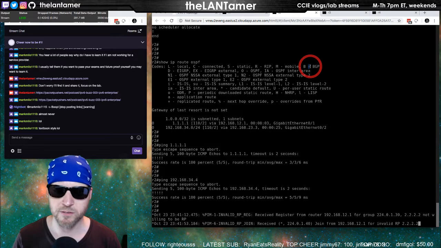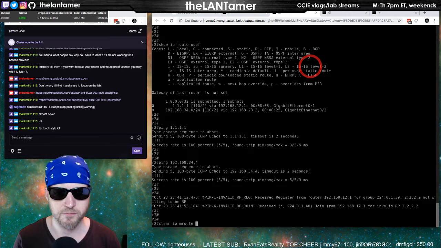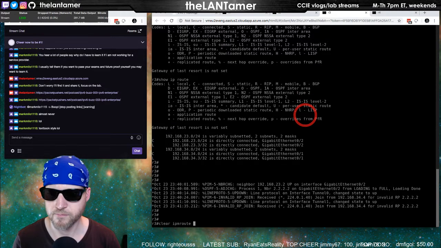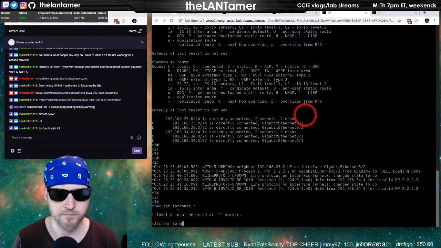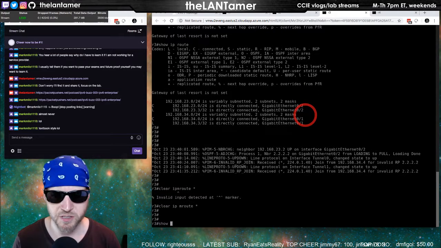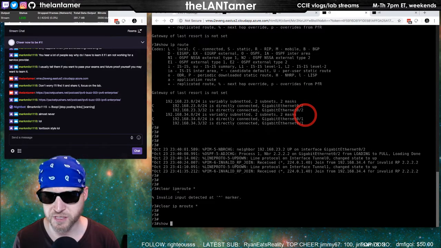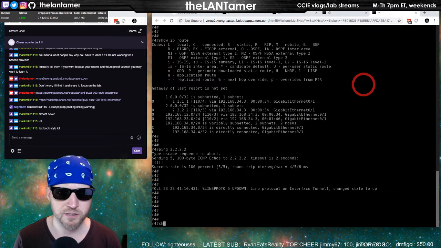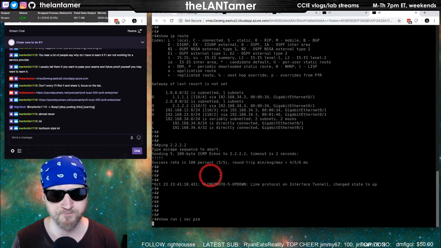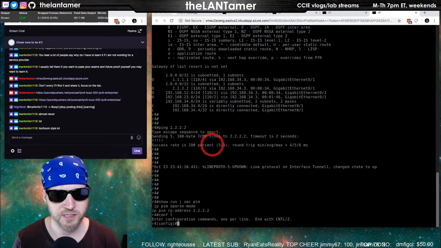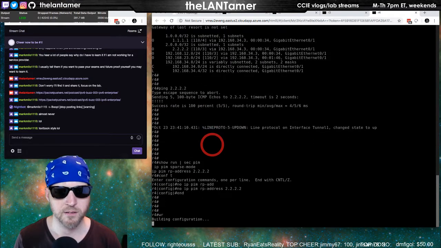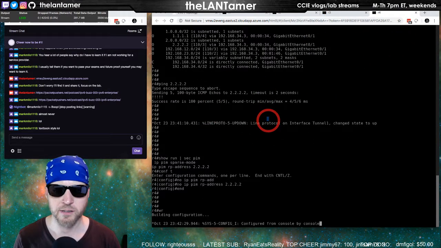Let's do a clear IP mroute. Still got some junk somewhere. Invalid RP join received. Is this hard-coded in here? Show run section PIM. Yeah, let's take that out. Okay.